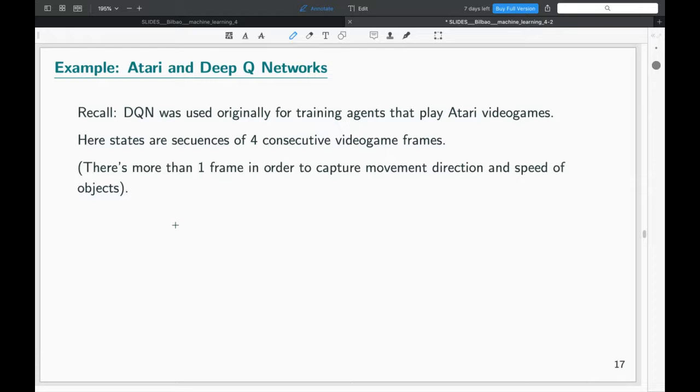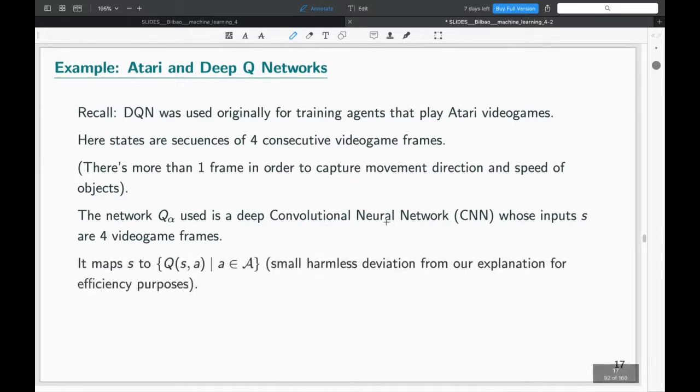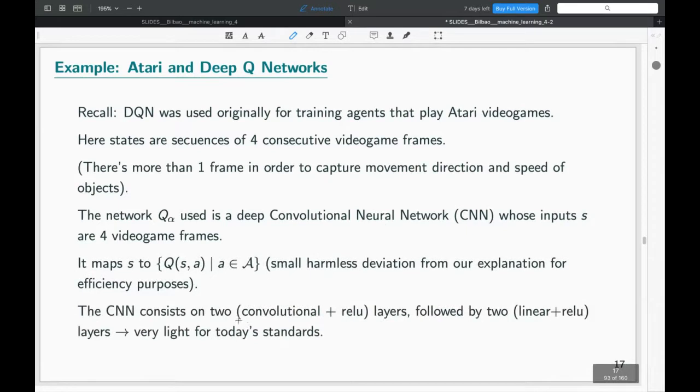If you just have one frame, then you don't know if something is not moving or moving extremely fast. And Q alpha in that paper is a deep convolutional neural network. It has 2 convolutional plus ReLU layers, followed by 2 linear plus ReLU layers, which is a relatively small network for nowadays.